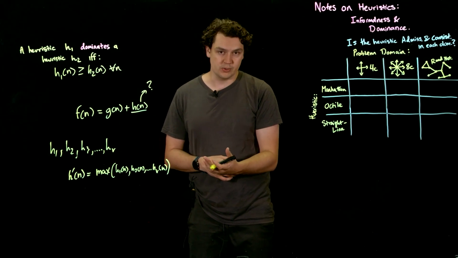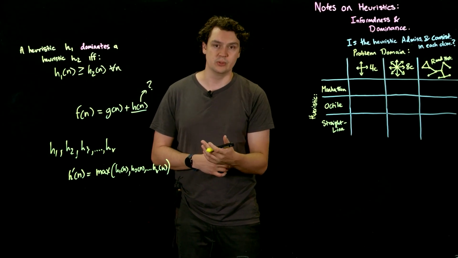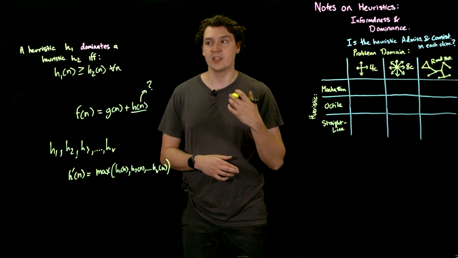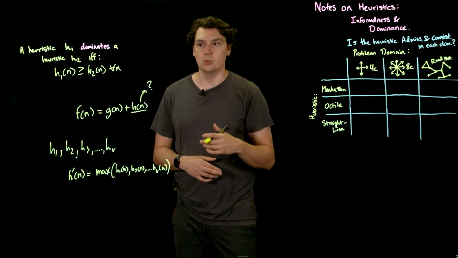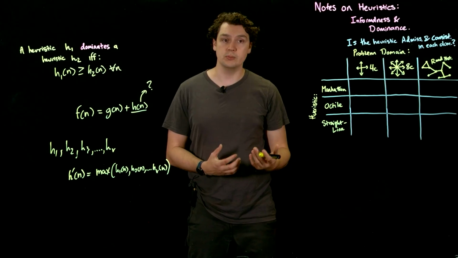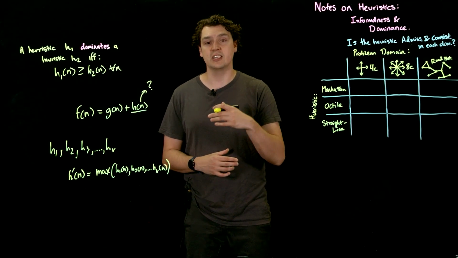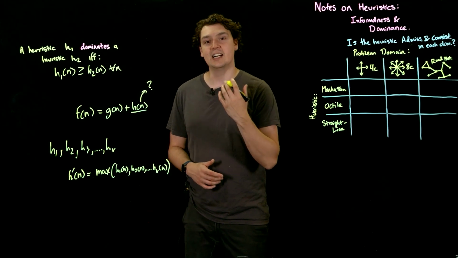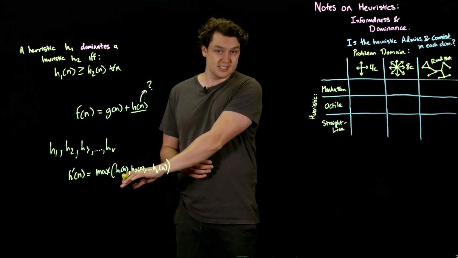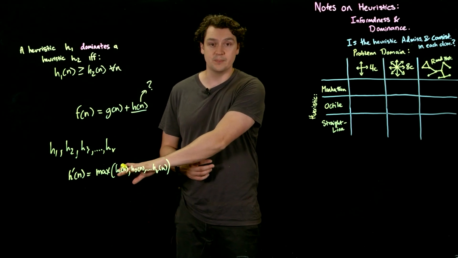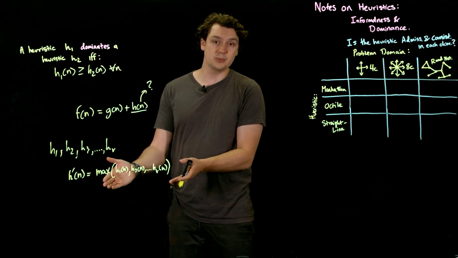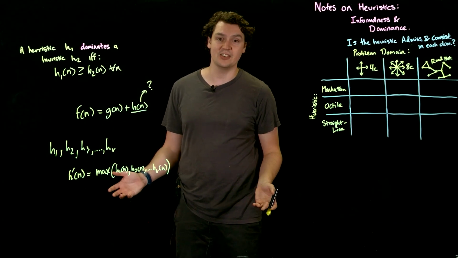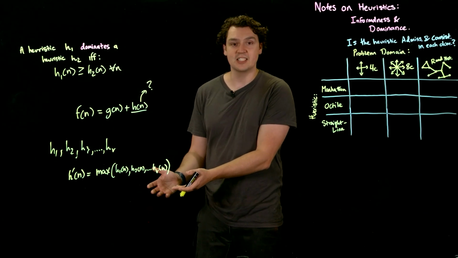We know the heuristics are admissible, which means they never overestimate the true distance. In that case, the most informed heuristics are the ones that give us the closest number to the optimal cost. So it's safe to just use a maximum over the possible heuristics we could have used. The one that has the biggest number is the best heuristic for the current node n. So that's a really interesting aspect of these heuristics.